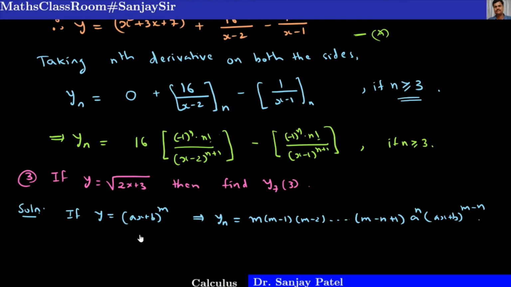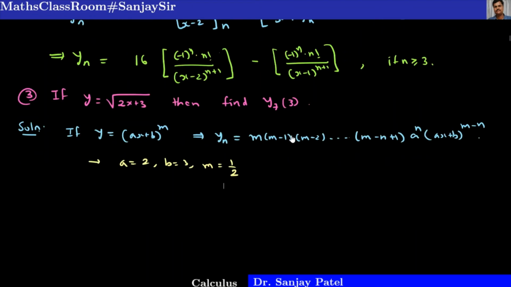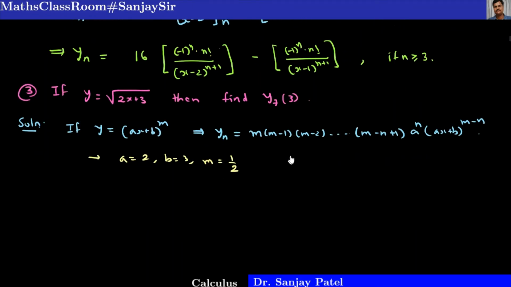In our case, we have a equal to 2 here, b equal to 3, and m equal to 1 by 2, because square root of 2x plus 3 means 2x plus 3 raised to 1 by 2. And we want to find the seventh derivative, so n is equal to 7 in this formula.